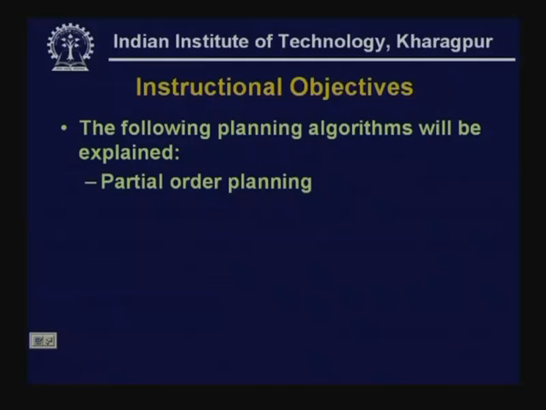Today, in the third lecture, we will explore further the details of partial order planning. As I have mentioned in the previous class, in partial order planning, we will be searching in the space of partial plans. Our objective is, given a problem situation, to get a plan which makes least commitment about the ordering of the different actions.